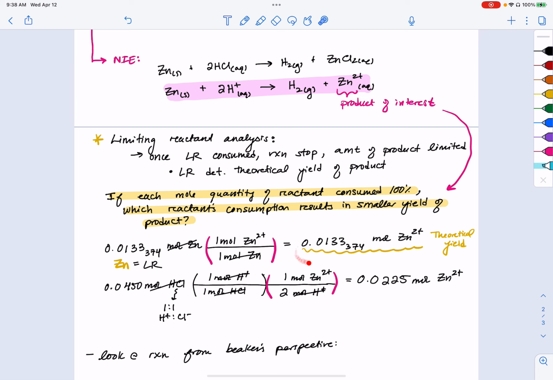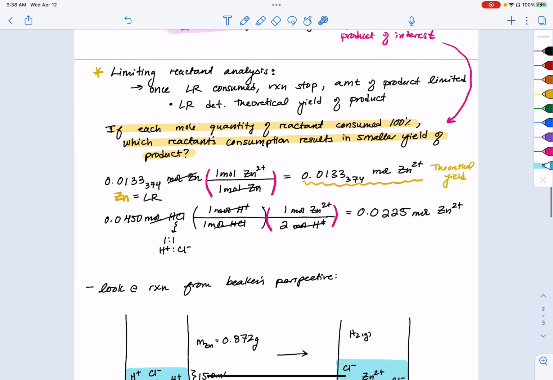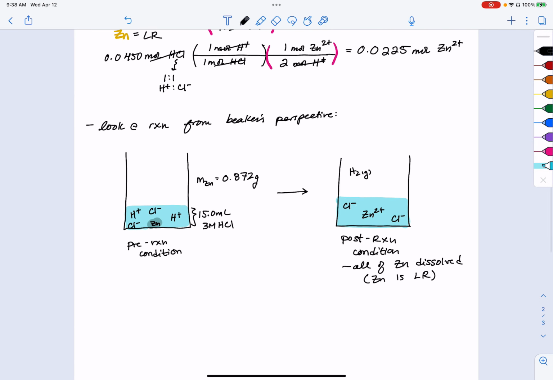So this was my limiting reactant. I consumed all of my zinc. And since I did not consume all of my HCl, that means I have some excess H+ ion left over.